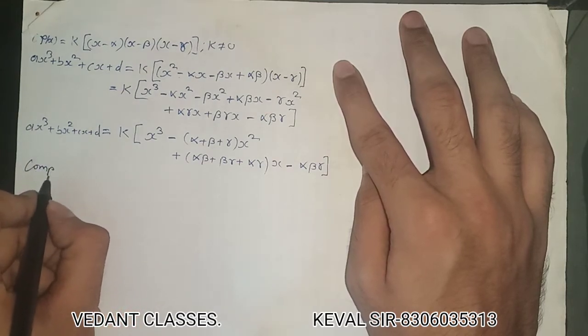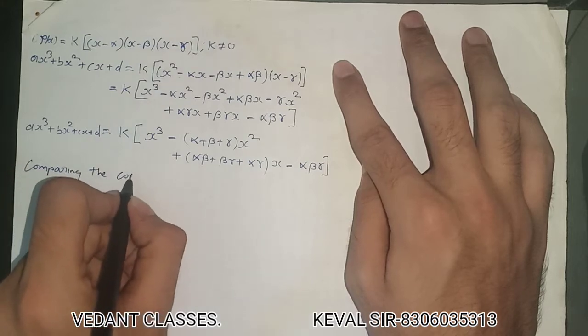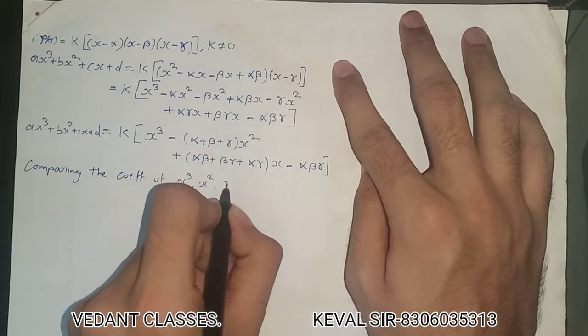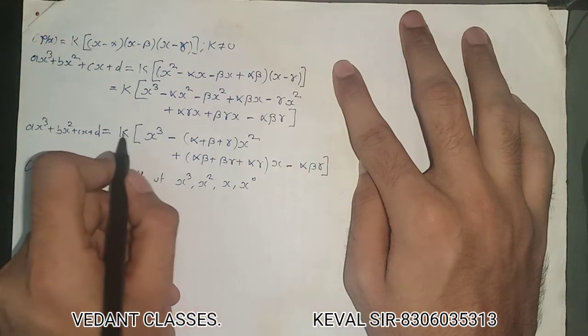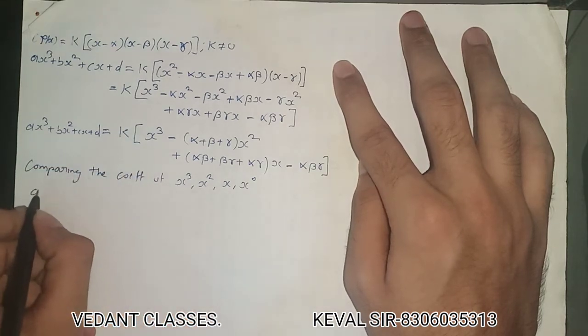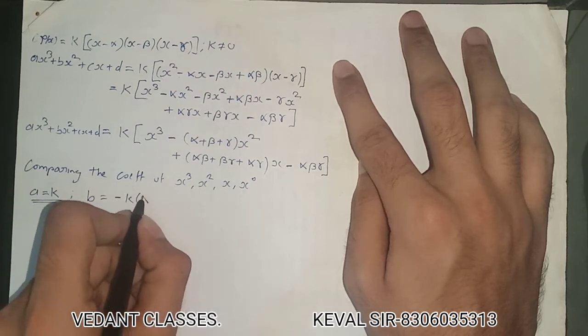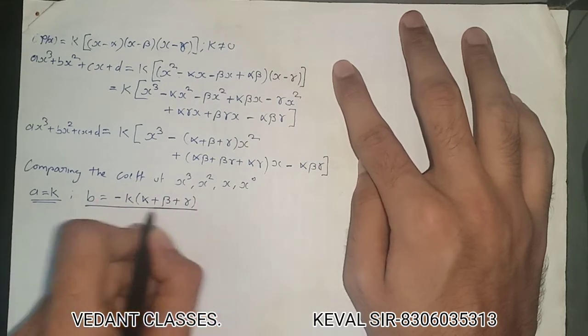So comparing the coefficients of x cube, x square, x and x power 0, you just need to multiply by this k. So you get a is equal to k, then b is equal to minus k times alpha plus beta plus gamma. This is the value of b.